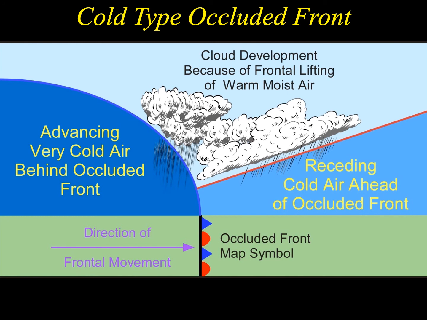So here we can see very, very cold air to the left, receding cold air to the right, and warm air being forced up between these two air masses, and that creates the zone of cloud cover and precipitation.